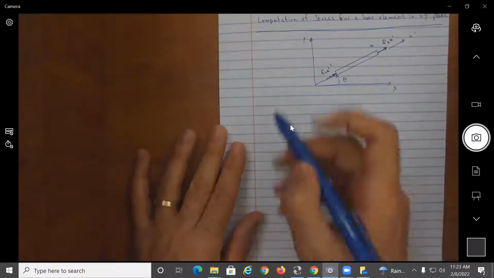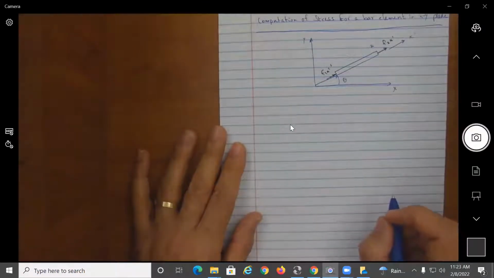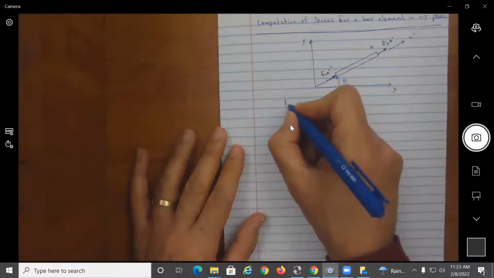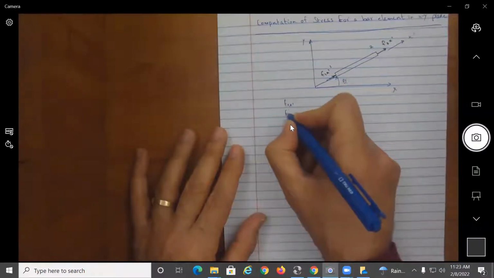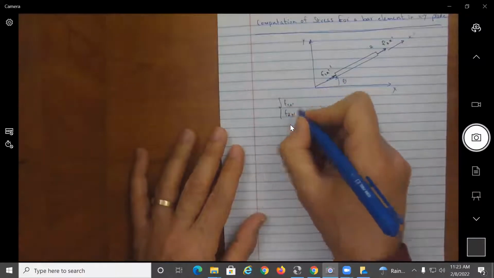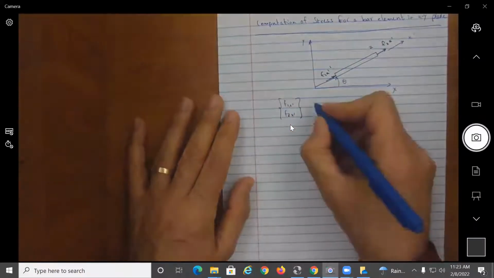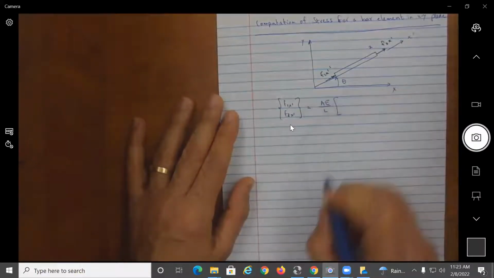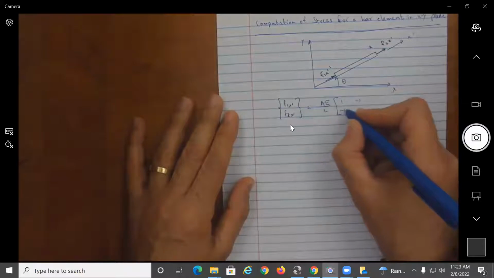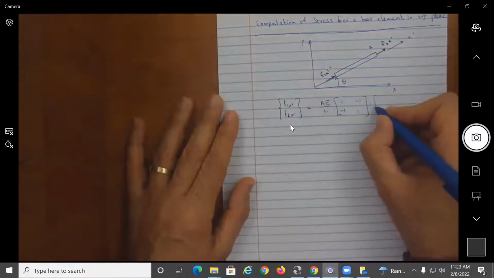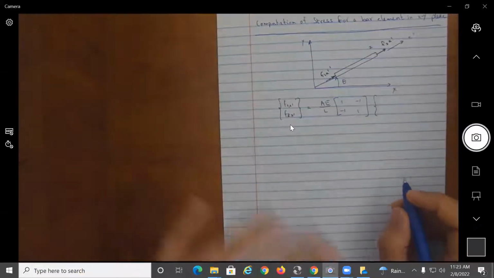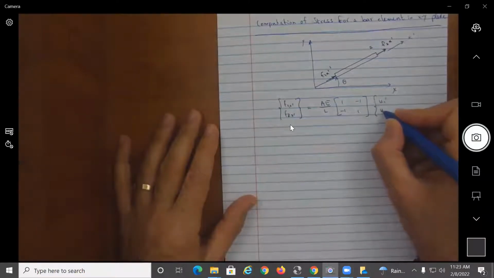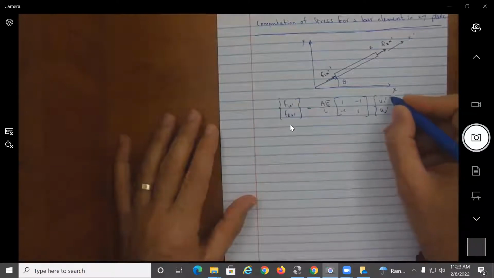So the element stiffness equations with respect to the local axis, where F1 x prime, F2 x prime equals AE over L times 1, minus 1, minus 1 and 1 multiplied by the prime nodal displacements, so that would be U1 prime and U2 prime.